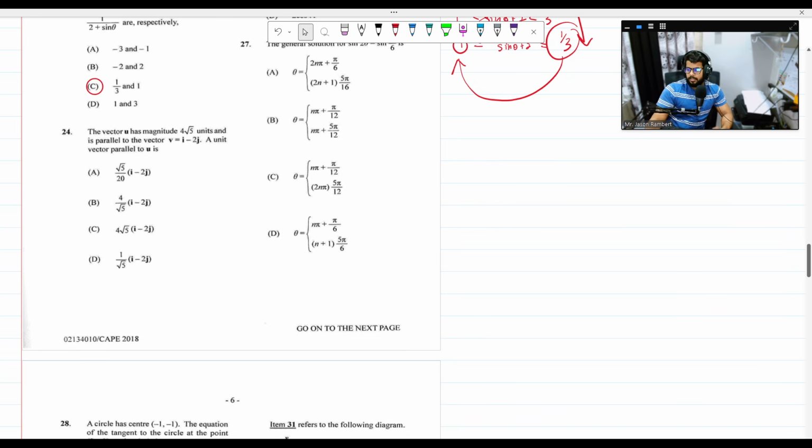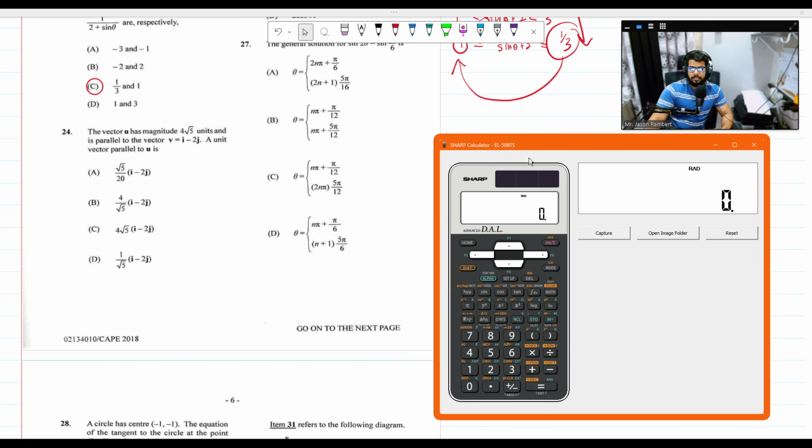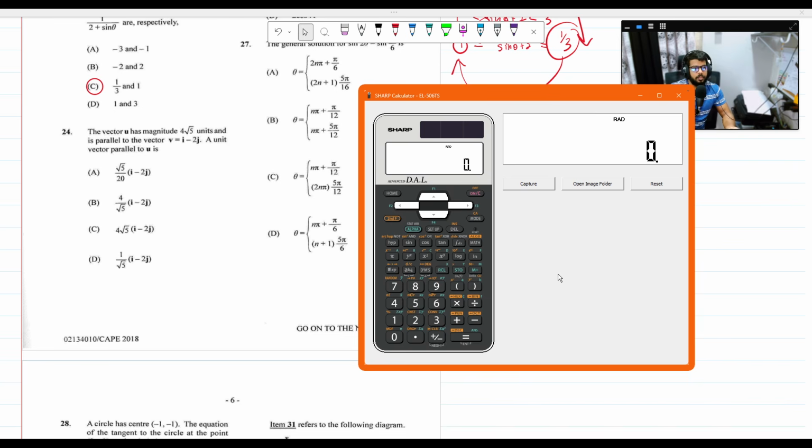So let me check it now. We have the calculators, but I'm going to expand it mentally and then square the i, square the j, and I'm supposed to get 1. So I'm going to get root 5 over 20, all squared, plus my j component, root 5 over 10, squared.